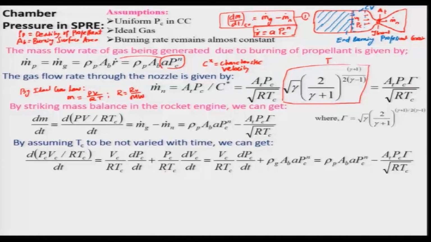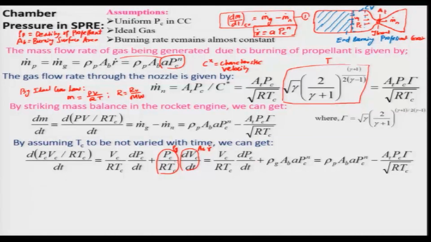If you look at it, this is nothing but your rho g, the density of the gas, and d V c by d t is basically the change in volume with respect to time, and that is nothing but your A b R dot.